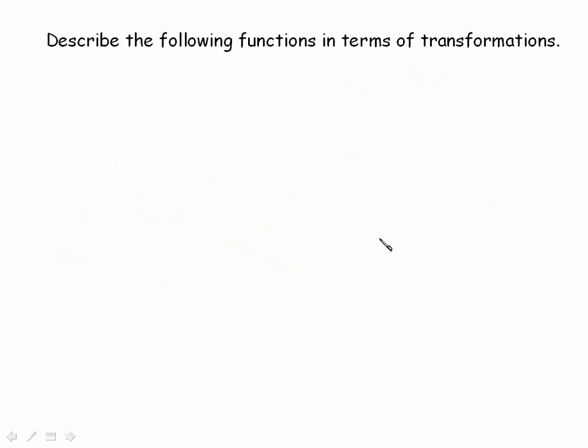Now, to describe the following functions in terms of transformations, we start off with this quadratic graph. Y equals x squared is the original, untransformed quadratic. And then we have taken it and we have applied these few values.